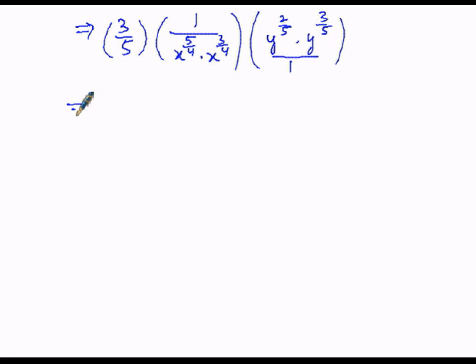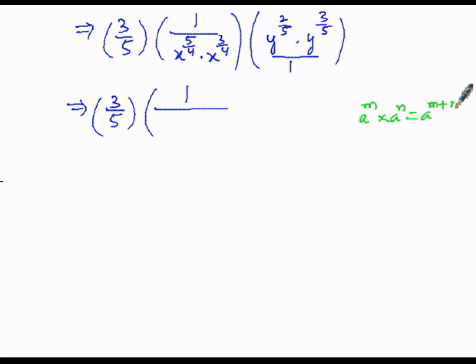Then that implies 3 by 5 kept as it is. Then here, 1 divided by, the bases are the same and there is a multiplication in between, so we can use the product law. The product law states that a to the power of m into a to the power of n is equal to a to the power of m plus n when the bases are equal and there is a multiplication in between, so the exponents must be added.